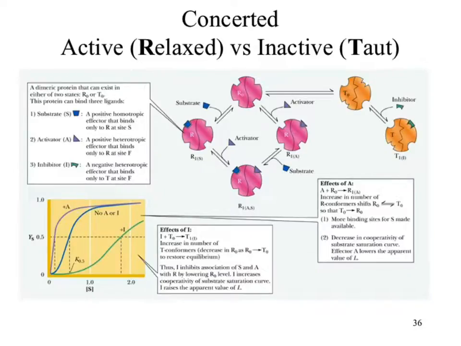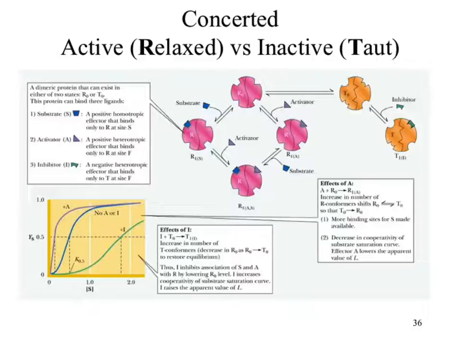So, what happens in the concerted state? Okay, we still have the balance between our relaxed and our taut form. That's still oscillating back and forth. Because it's all happening at once, when the substrate binds, where does the substrate bind? Can it bind to the taut? No. It can only bind to the relaxed. What happens when it binds to the relaxed?